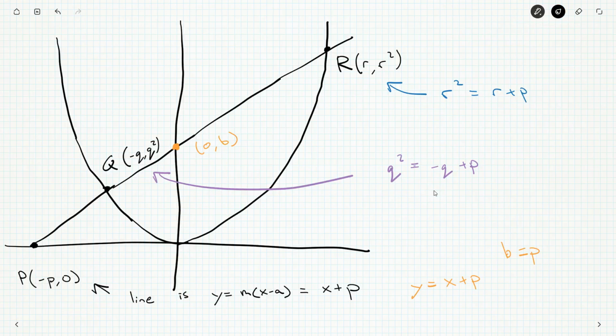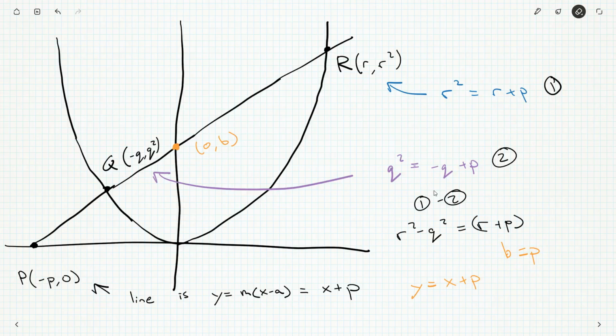But hold on for a second, because I look at equation 1 here and equation 2 here. If I do 1 minus 2, that should be r squared minus q squared is equal to r plus p minus negative q plus p. Let's get this observation out of the way. b is equal to p. We'll keep that over here for our own purposes.